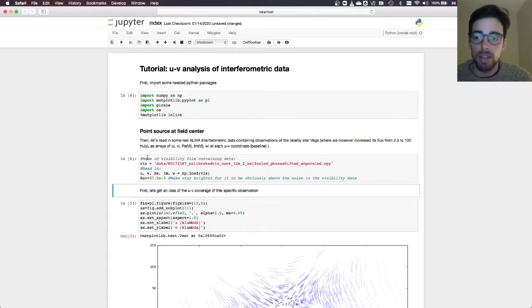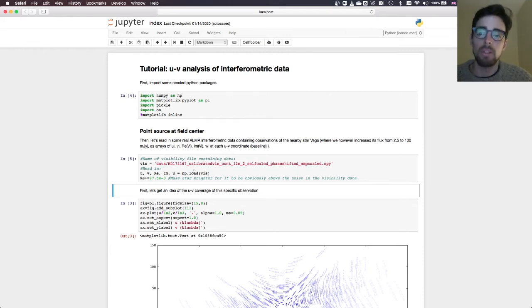And in this first step, I'm basically just reading in this data where I had already saved this data beforehand as a numpy .npy save file containing a table with columns U, V, real, imaginary, and weight. So this is exactly the table that I was talking to you about in the slides, containing each of these columns.